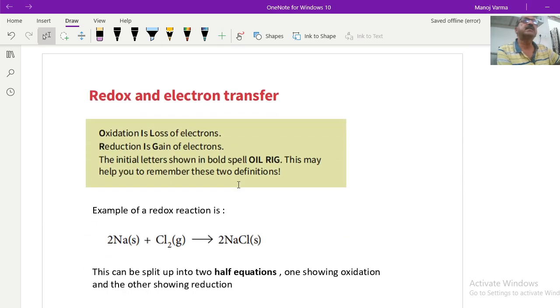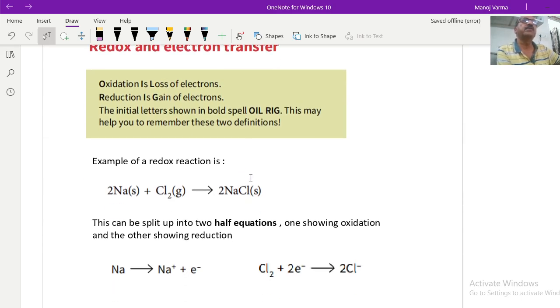So let's consider this now. Sometimes it will not be obvious that it is redox, because sometimes you don't even see oxygen. For example, here oxygen is not there, so still we can call it an oxidation reduction reaction, because you have to define it in terms of electrons.